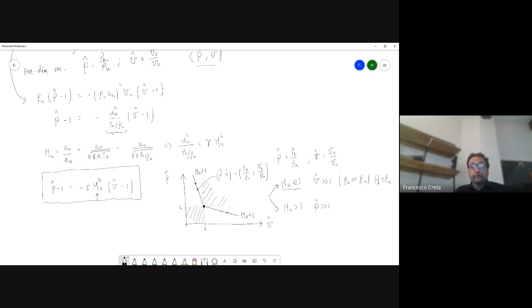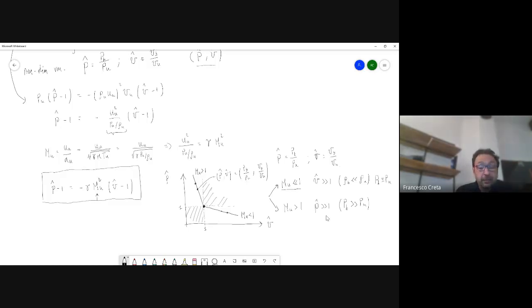On the other hand, if you have a supersonic solution, what seems to be the case is that the burnt pressure is much larger than the unburnt. So these supersonic solutions seem to be associated with an extreme compression downstream.